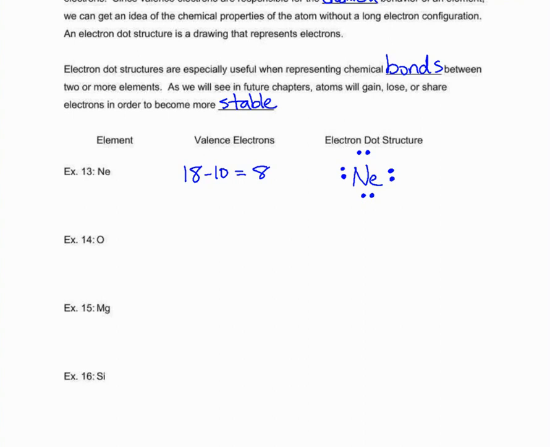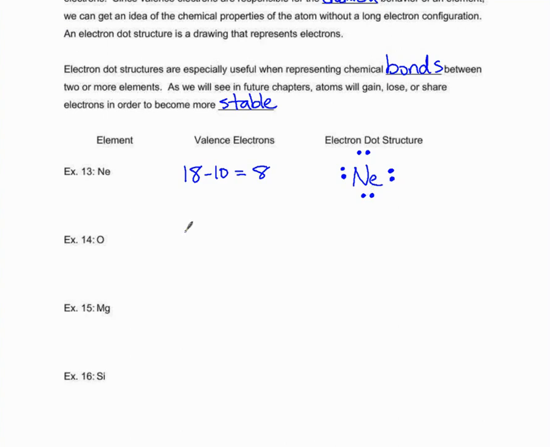So we have electrons on 4 sides, and they are grouped into pairs of 2. They're grouped into pairs of 2 because when we did the orbital diagram, remember they were grouped into orbitals, and they were in terms of pairs. And so we're keeping them in terms of pairs in this electron dot structure.